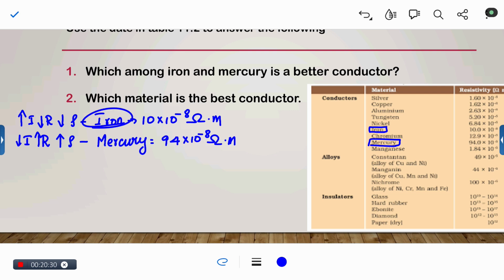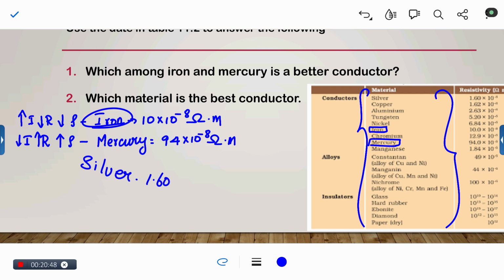Which material is the best conductor in this given table? Check the values. Silver. In that given table, silver has very low resistivity compared to copper. The resistivity of silver is given as 1.60 into 10 to the power of minus 8 ohm meter.